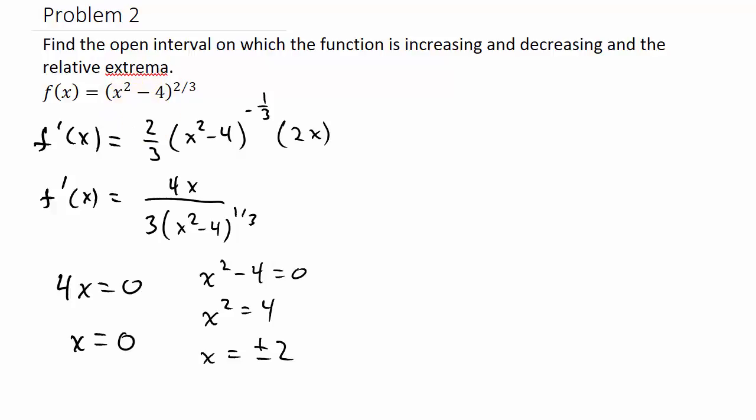Alright, so now we take our critical numbers and plot them on a number line. So I've got -2, 0, and +2. And this breaks the number line up into 4 regions. So what we need to do now is pick a number from each one of these regions.